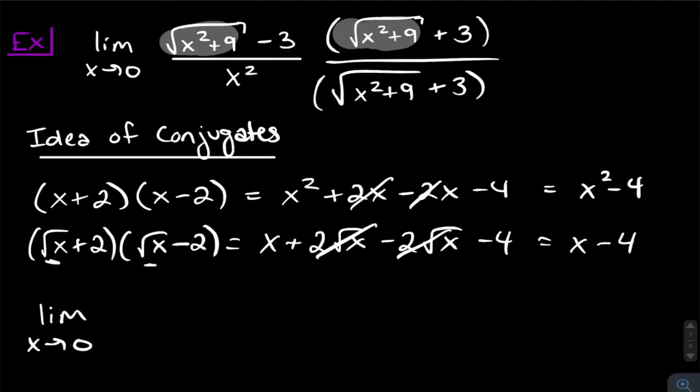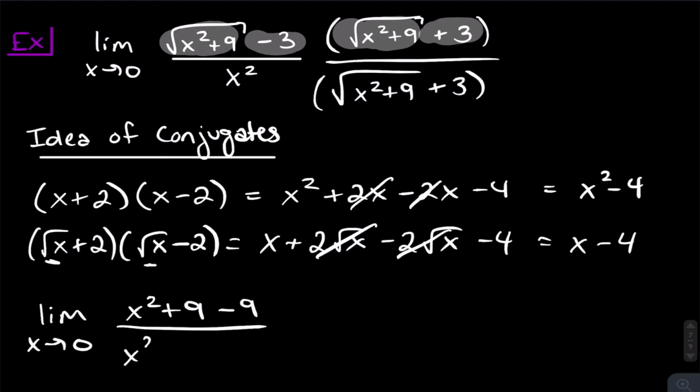The first two terms give us an x squared plus 9. The radicals go away. And for the second two terms, the negative 3 and the positive 3, that just gives us minus 9. On the bottom here, don't distribute the bottom. We're just going to get an x squared and then an x squared plus 9 and then a plus 3.